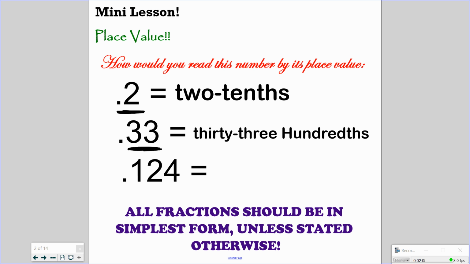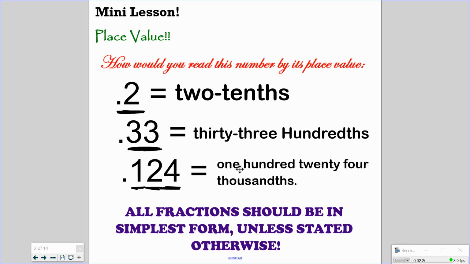And then the last example that I have here, we have the 1 in the tenths place, the 2 in the hundredths place, and the 4 in the thousandths place. So we have 124 thousandths. We can read it as 0.124 or 124 thousandths.